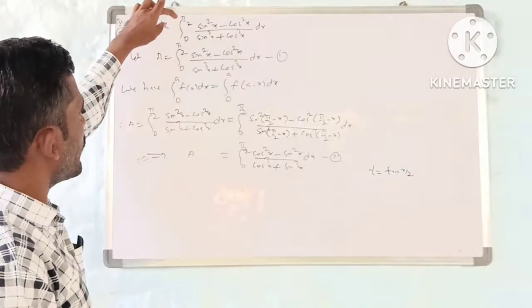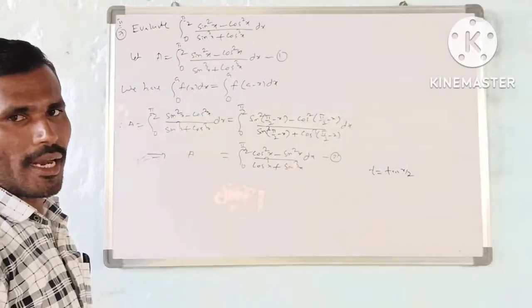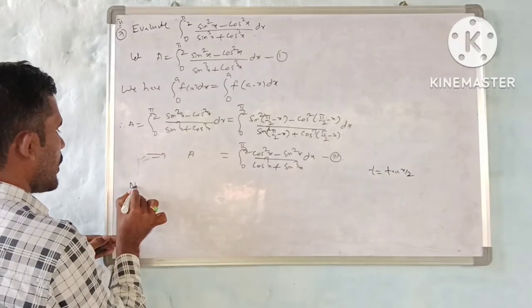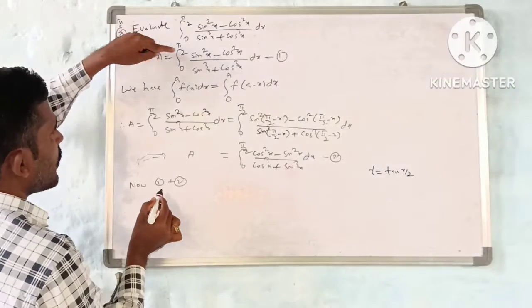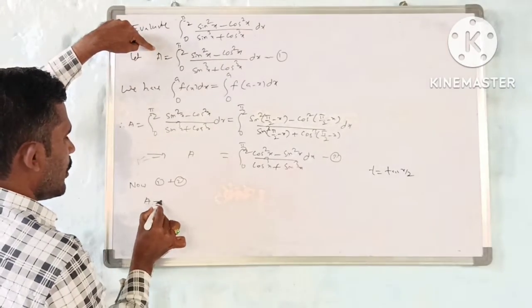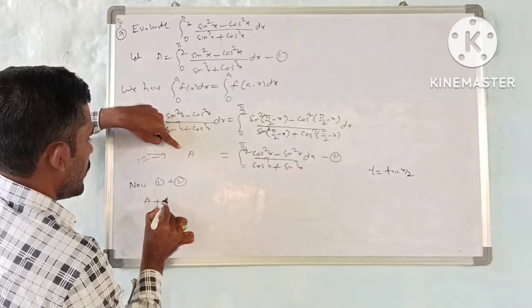To evaluate this, I am taking 1 and 2 and adding them. So now 1 plus 2. In the first equation the left side is a, and in the second equation the left side is a.